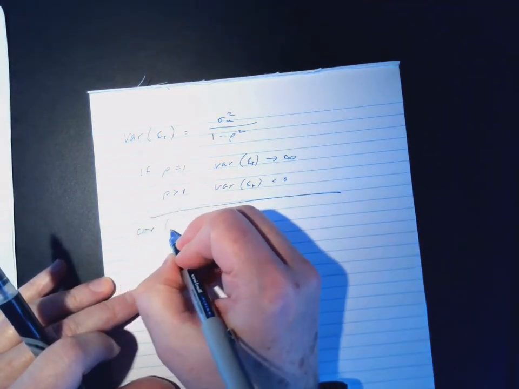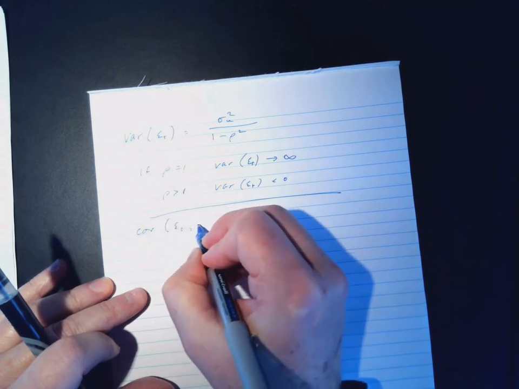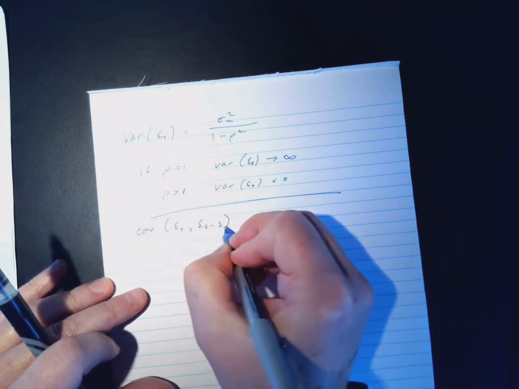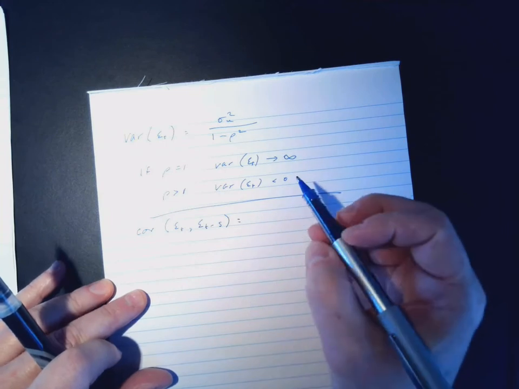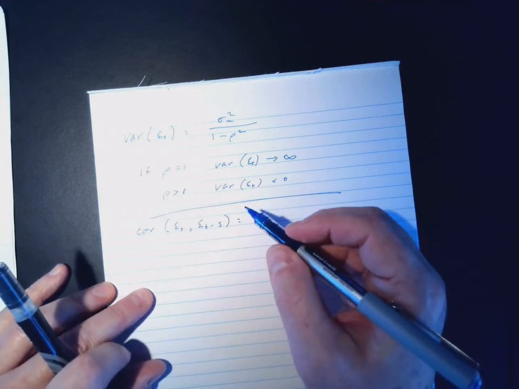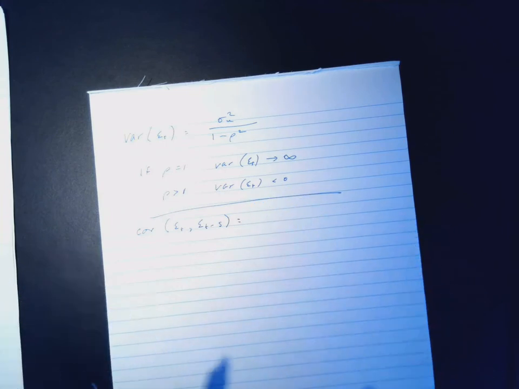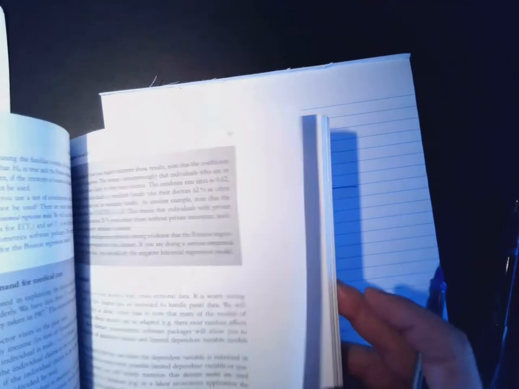And the covariance of two error terms equals, well, there's a whole bunch of math involved in this one. Just flip open the page.